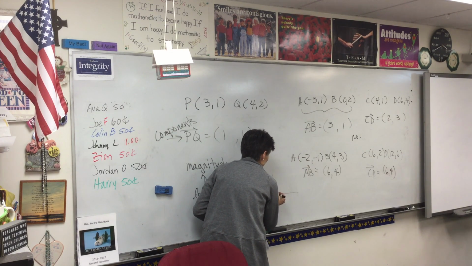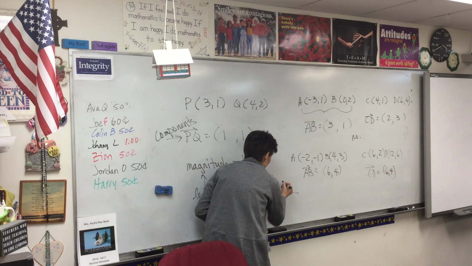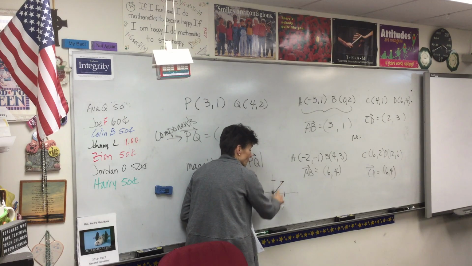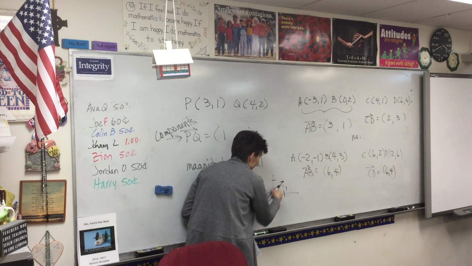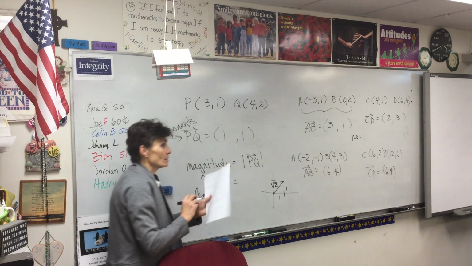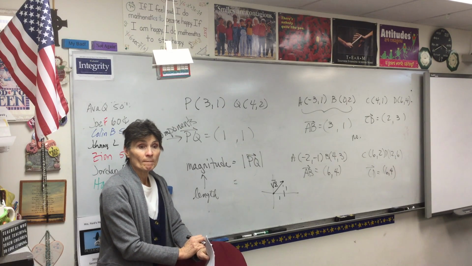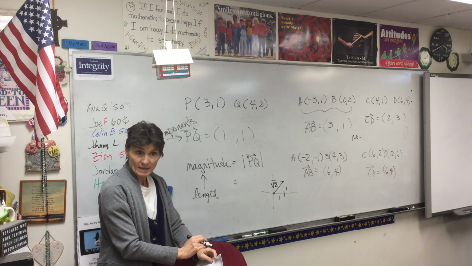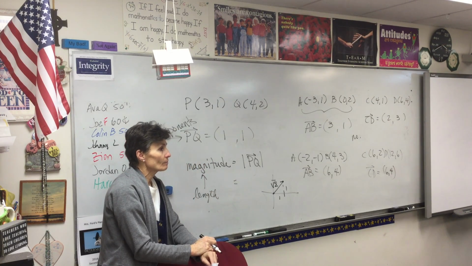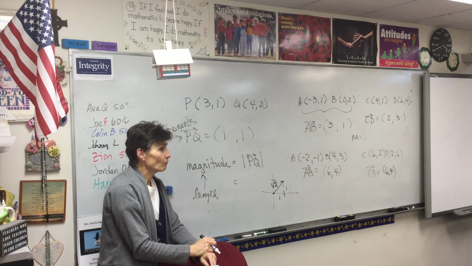If I start at the origin and go over 1 and up 1, that's what this vector says, how long would that vector be? No, it's not 1. It'd be the square root of 2. Pythagorean theorem, x squared plus y squared equals r squared, right? So over 1 and up 1.